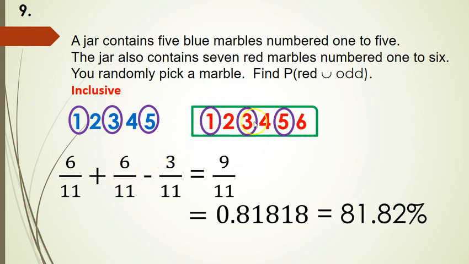But then right here's our overlap. We counted this 1, 3, and this 5 twice, so we had to subtract them. So that's why we're subtracting the 3 over the 11. So that's 12 minus 3, which is 9. 9 over 11 is 0.8181, which would be 81.82%. So this is an inclusive problem because we have overlap right here, okay?